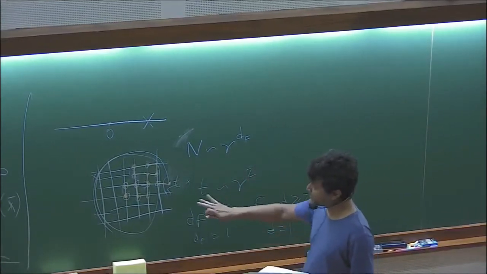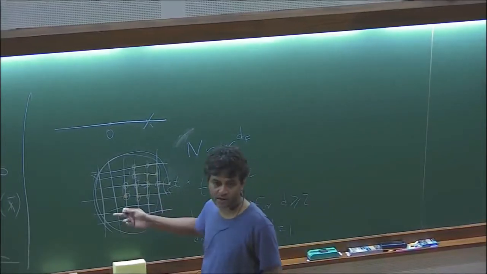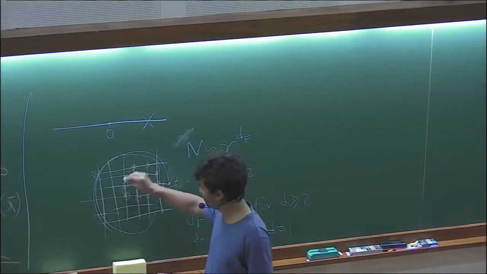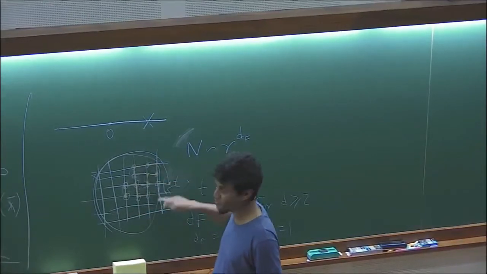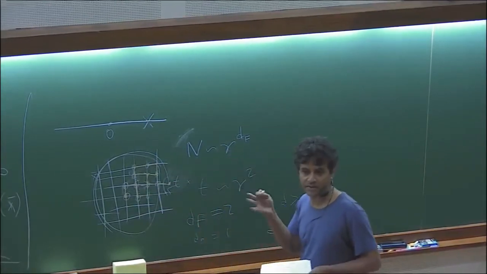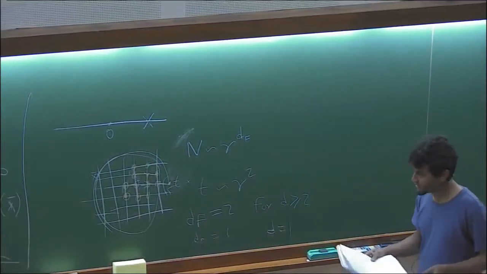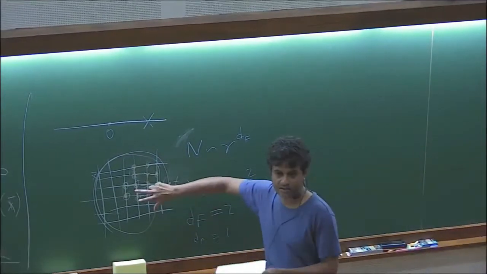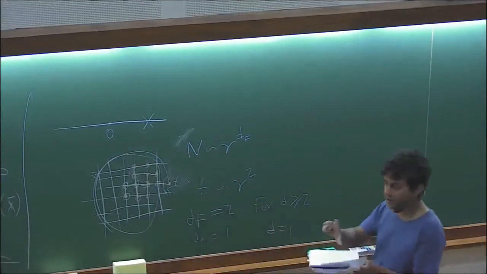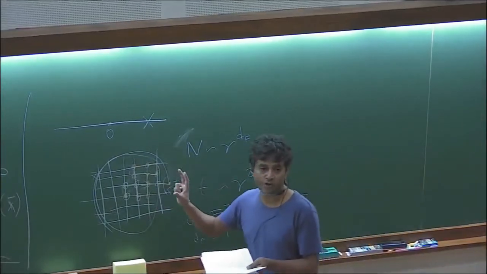It doesn't mean it will look like that. If you look at typical trajectories in a random walk, the boundary is again a fractal object with dimension greater than 1. So it's not a space filling thing, but it's still mostly in a given region, so there are very few holes.